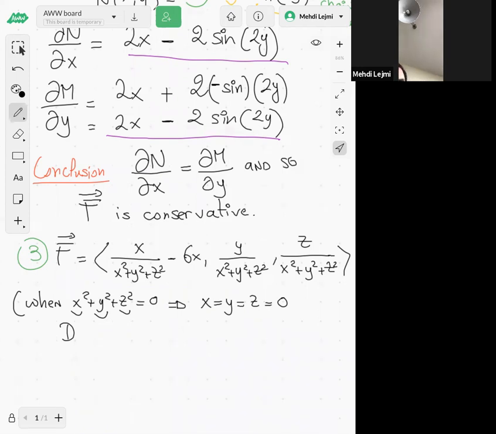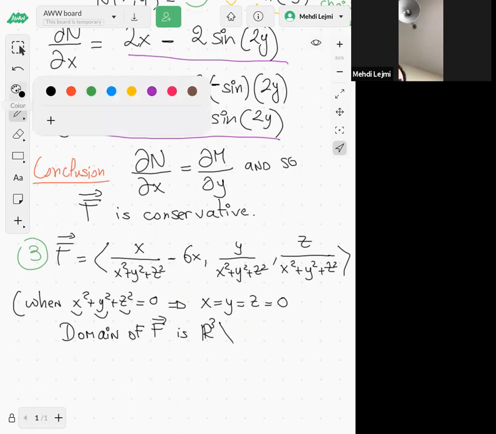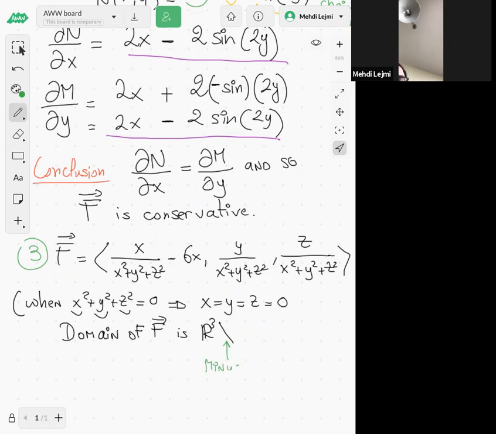Okay, so the domain of F is R3 minus the origin, right? That's where x and y and z are 0. Okay, and I claim that R3, the space minus 1 point, is simply connected.